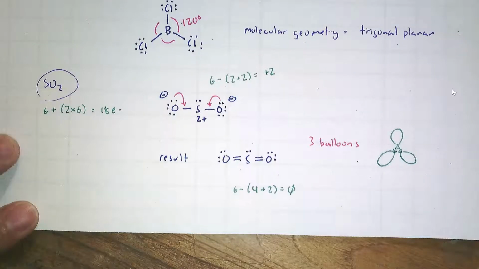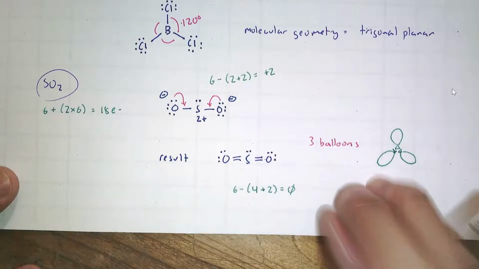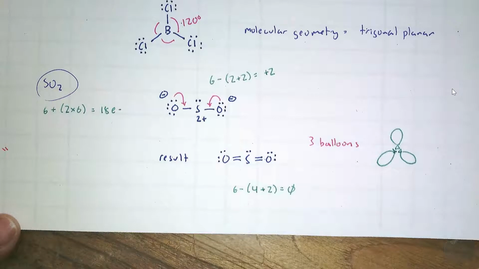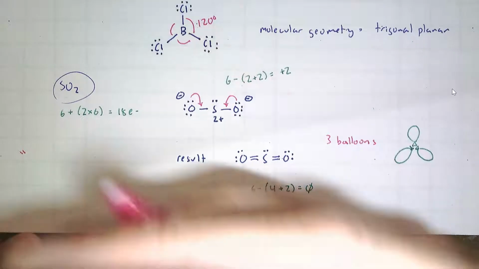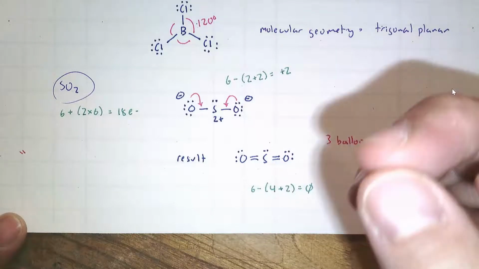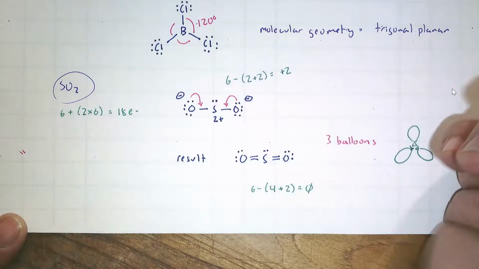But I want to give you something that's going to change that a little bit, and this is something that you can memorize. A lone pair repels bonding electrons stronger.